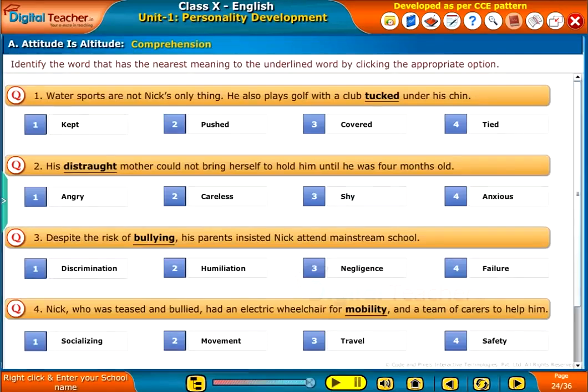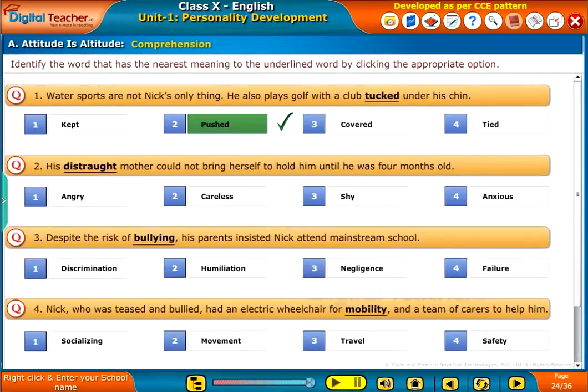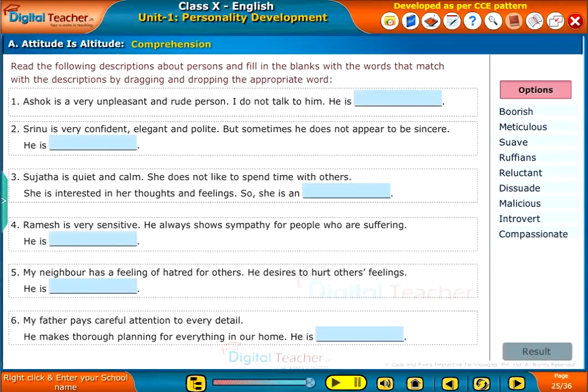Comprehension. Identify the word that has the nearest meaning to the underlined word by clicking the appropriate option. Read the following descriptions about persons and fill in the blanks with the words that match the descriptions by dragging and dropping the appropriate word.